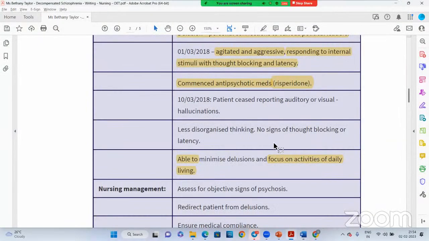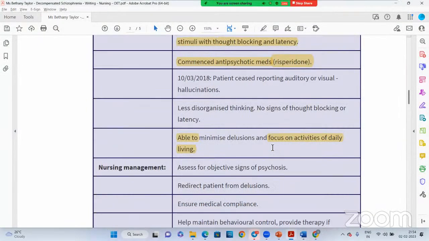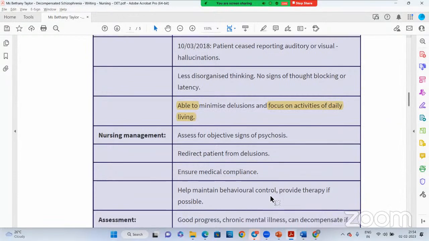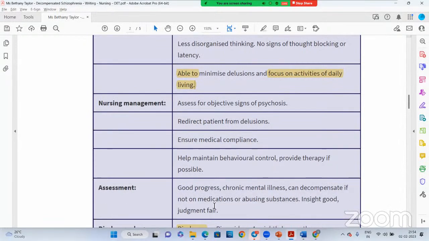Now, next one. Focus on activities of daily living, and then objective signs of psychosis, delusion, ensure medication compliance. And assessment, yes, this is assessment during the hospitalization.